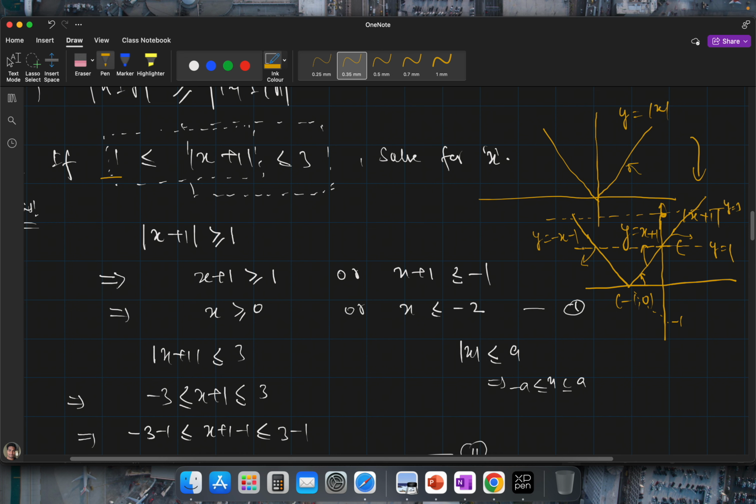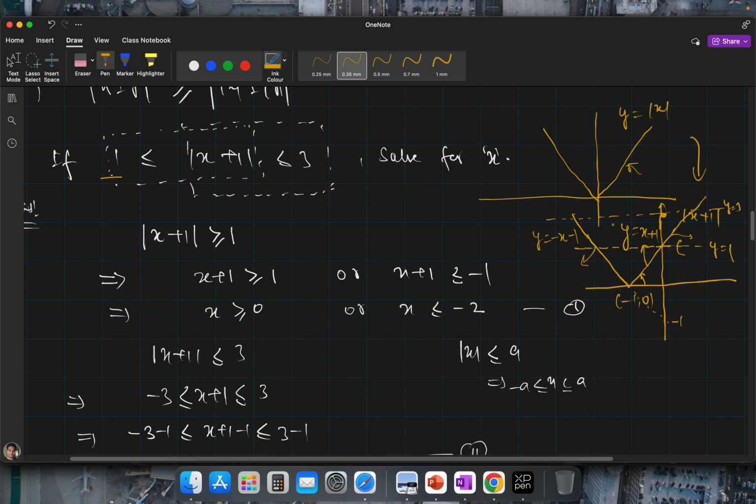Now it is asking at what x the mod of x plus 1 will be always in between 1 to 3. So what is the zone where mod of x plus 1 is in between 1 to 3?